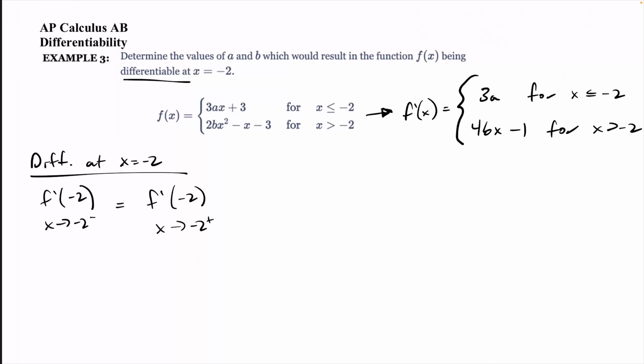From the left, I'm going to use 3a, and there's nowhere to plug in negative 2 because there's no x. So it's just going to be 3a. From the right, I would use 4bx minus 1. There is an x there, so I can plug in negative 2. So you get negative 8b minus 1.